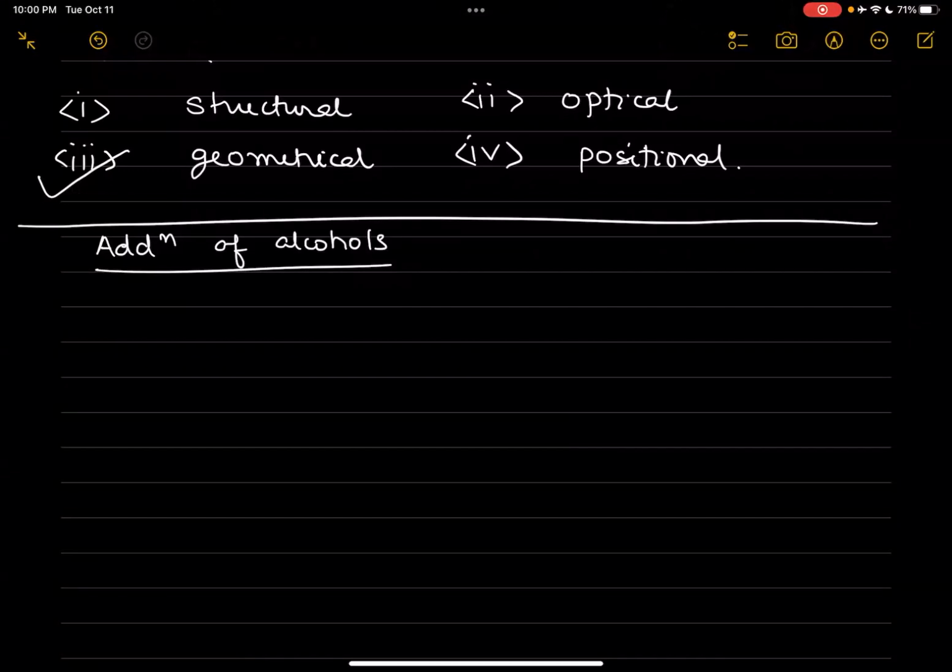On ketones, we get a structure similar to ethylene glycol, and on aldehydes we get hemiacetal structures, which on further reaction give acetals. Actually, if you take 1 mole, it is hemi. If you take 2 moles, it is not hemi; it is complete.